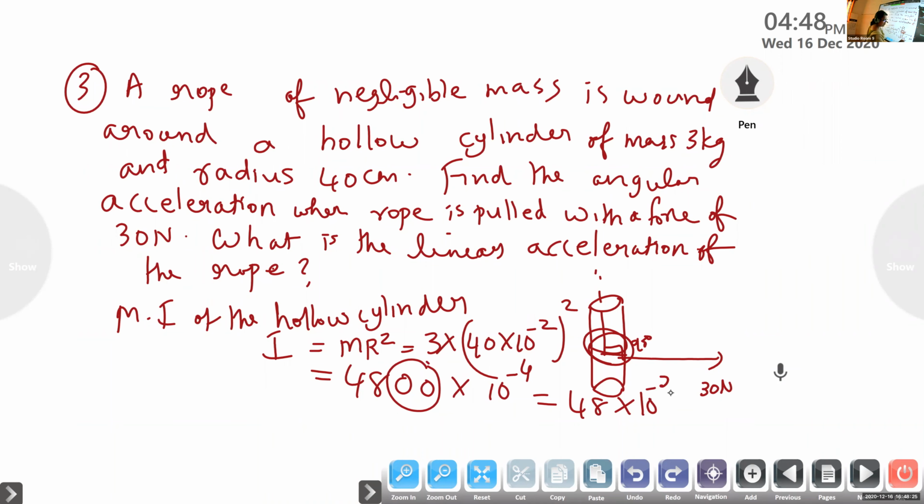You will again get 48 into 10 to the power of minus 2. Now the unit of mr squared is kg meter squared. So that is the moment of inertia, because we have to find the angular acceleration.